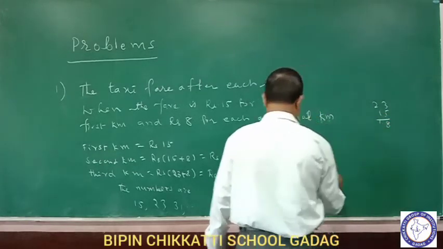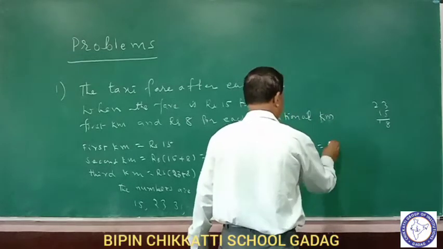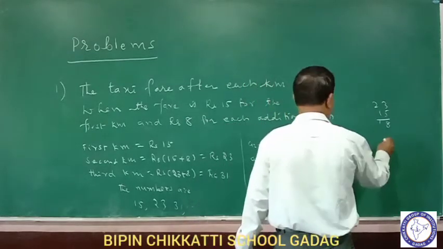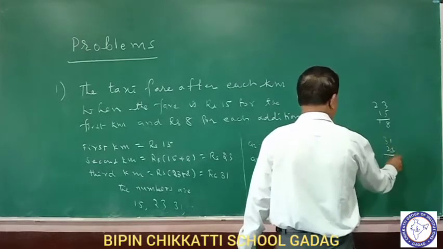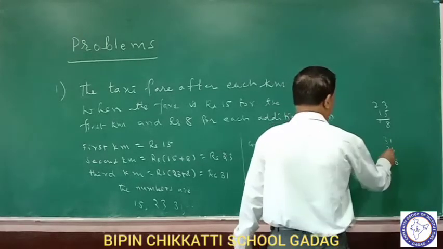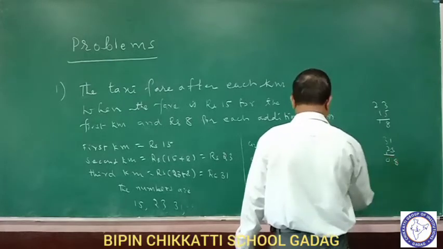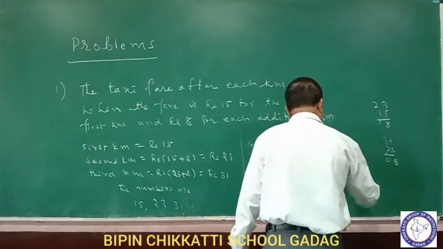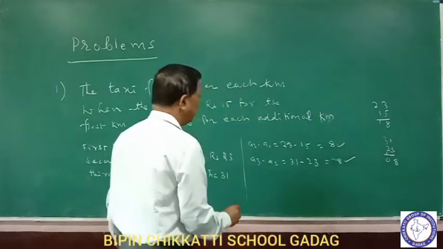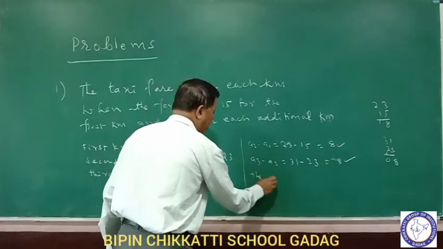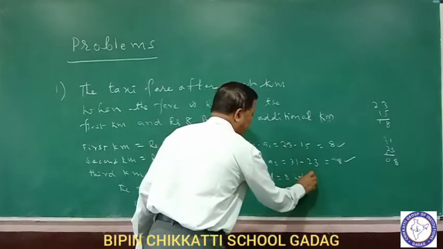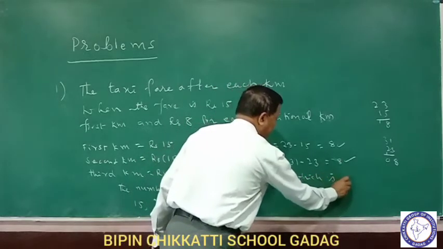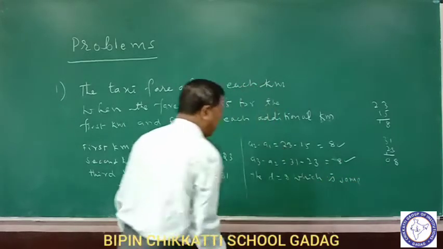Then 31 minus 23, here also you will get 8. So the common difference D here is 8, which is the same. So what is the conclusion?